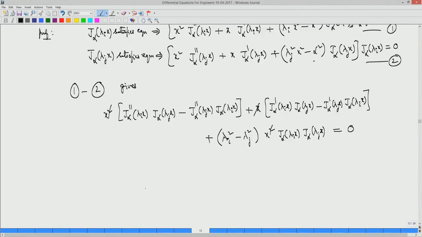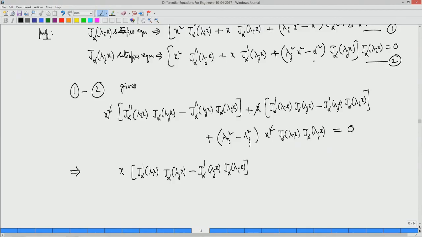And you can see that x times j alpha dash of lambda i x j alpha of lambda j x minus j alpha dash of lambda j x into j alpha of lambda i x.